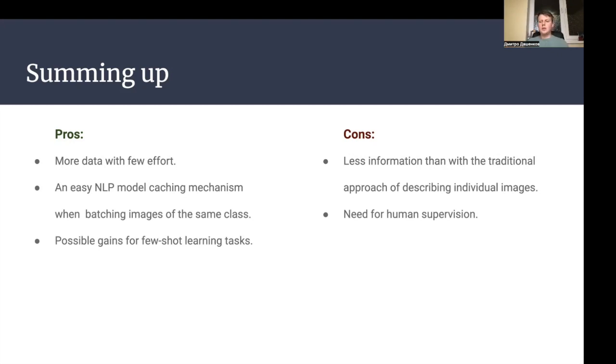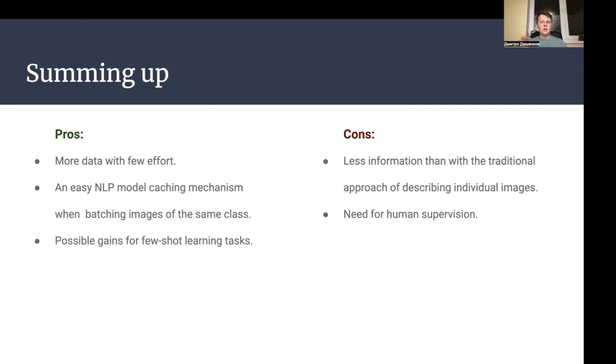Also, we can theorize about possible gains in few-shot learning tasks, when a new class is introduced into a dataset, and we can train an already pre-trained model to recognize that class just by looking into similarities in text descriptions between the new class and the already existing classes. That's something that we're currently looking into, and hopefully we'll find some new interesting results there.